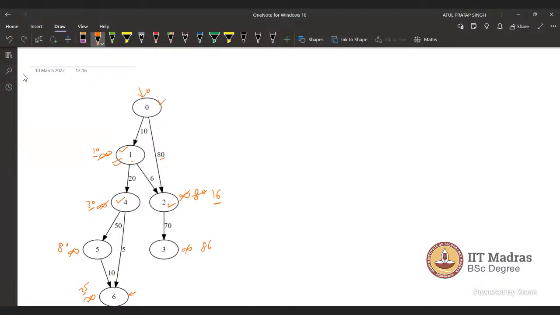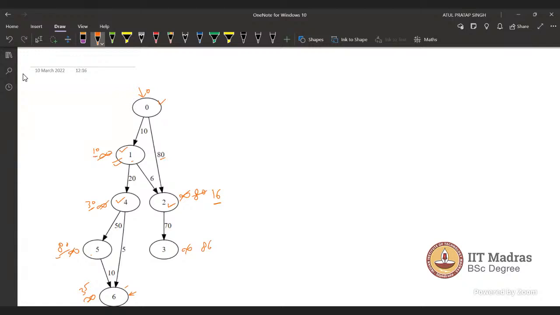From 6 we cannot move anywhere, so no update will happen from node 6. Now we select the next minimum node, which is this 80, node 5. From 5, we have an 80 distance from the source node, and if we add 80 plus 10, this is 90, but 90 is not less than 35, so we will not update this.